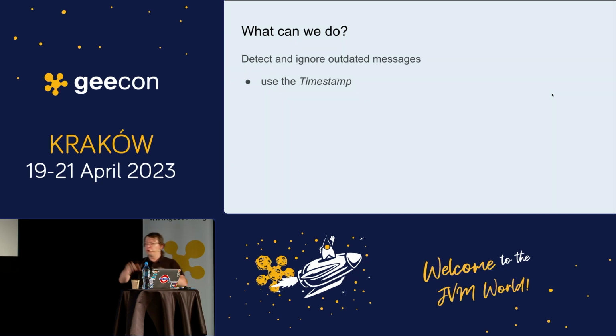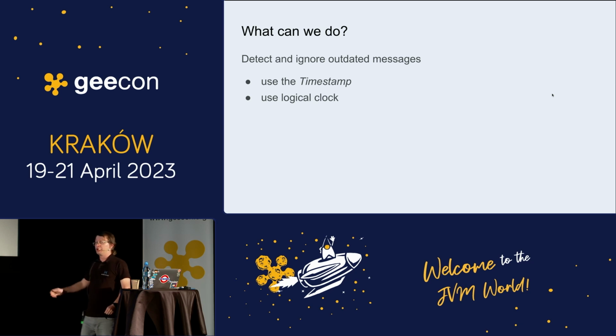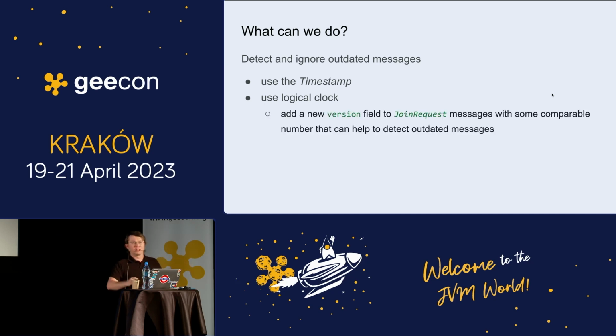So it is not good, but it is possible to use timestamps. The more classical way is to use a so-called logical clock, vector clock, or Lamport clock. Lamport clocks, or all kinds of such clocks, have no connection with real clocks.